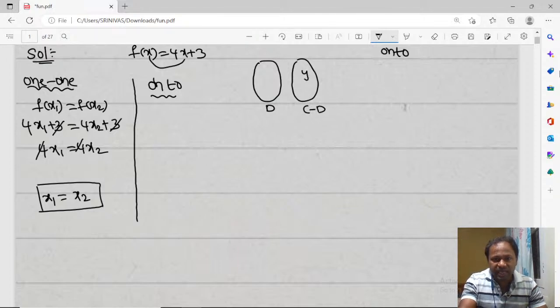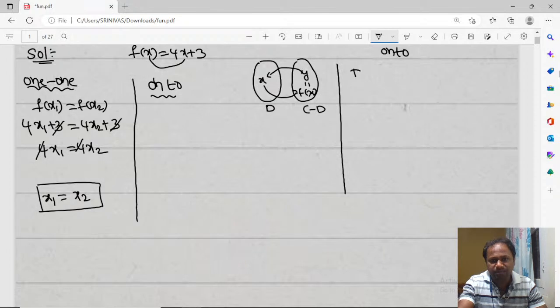If there is any element in the codomain, there should be an element in the domain that exists such that f of x is equal to y. This is the condition. So onto as well as inverse, both will be the same method.